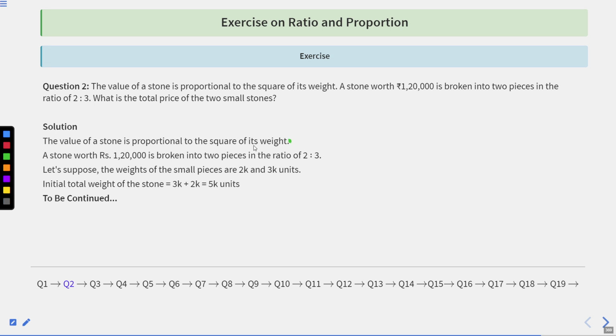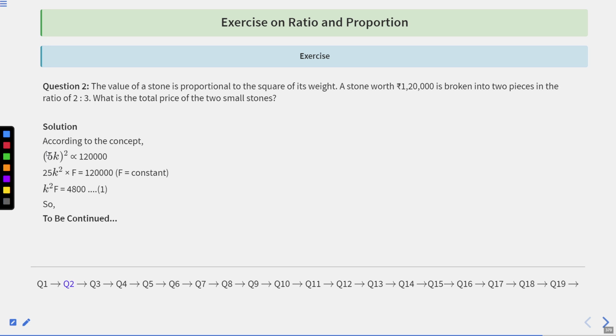Another piece of information given is a stone worth 1,20,000 is broken into two pieces in the ratio of 2:3. So let us suppose the weights of the small pieces after breaking are 2k and 3k because it is in ratio. So the initial weight must be 3k plus 2k, that is 5k. According to the concept, the value of stone is proportional to the square of its weight.